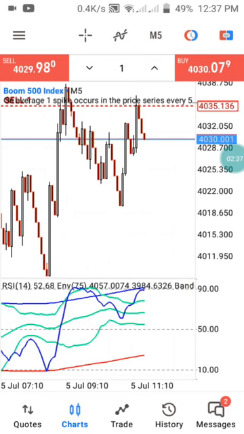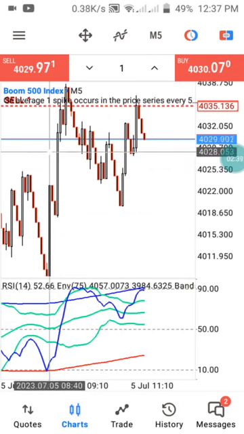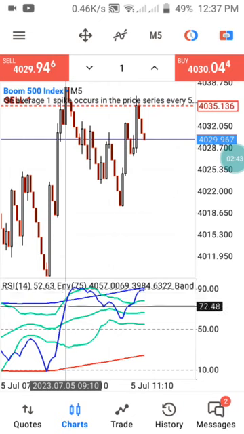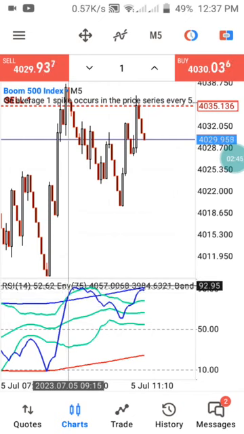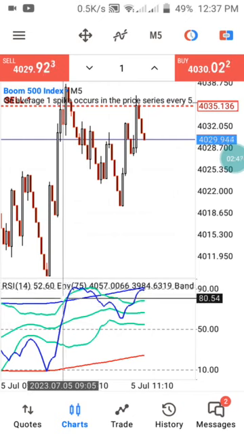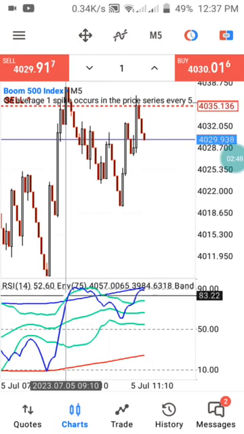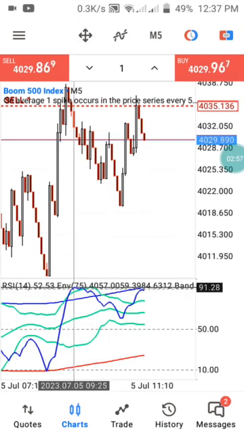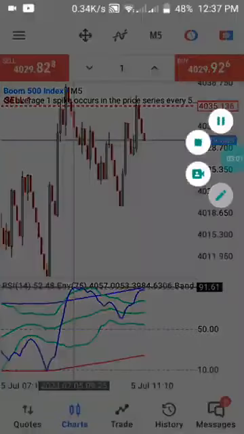As you can see here, we have our red and we have our blue moving above it on the 90 level. So you can enter at the point where the two meet together, or you wait for the moving average to cross over the envelope on the 90 level. So your entry will be around this particular area.